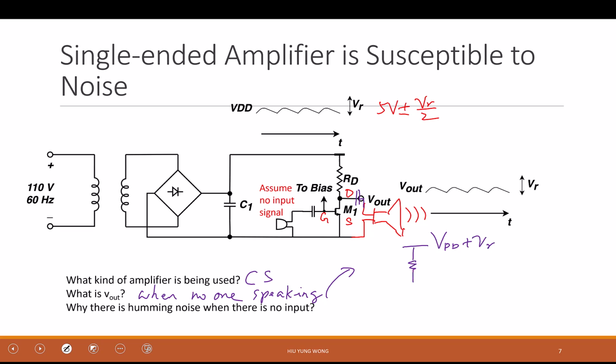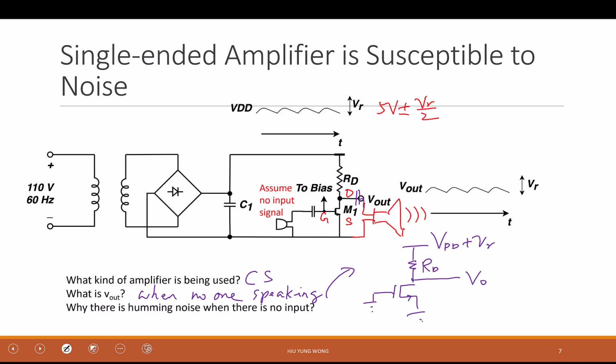And then here I have RD. And then here it is grounded because no one is speaking. The gate has no signal coming in. This is AC ground, remember. And this is V out, right?